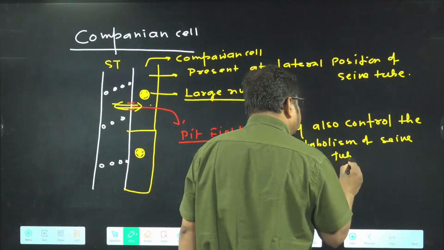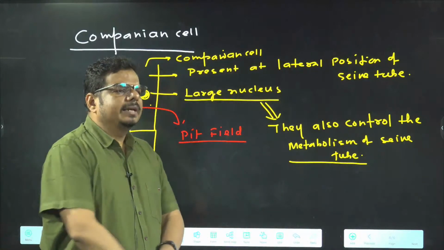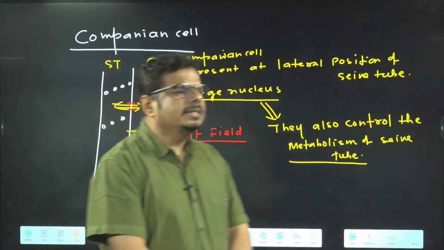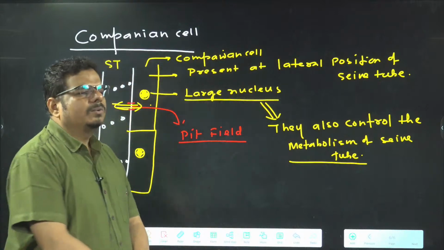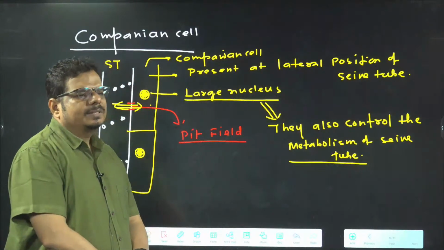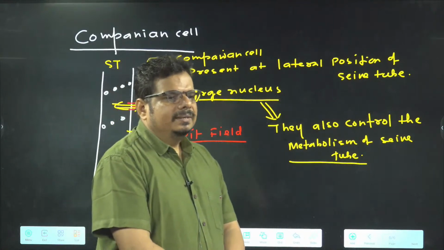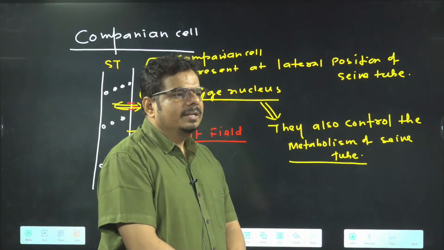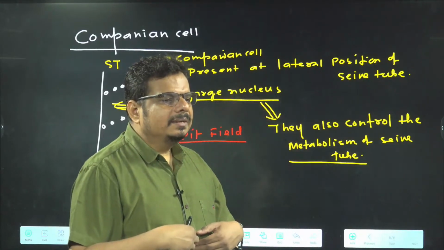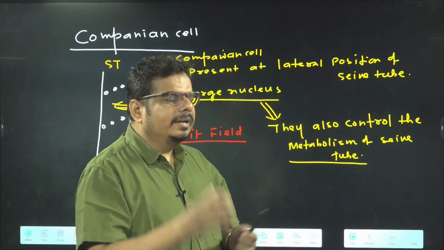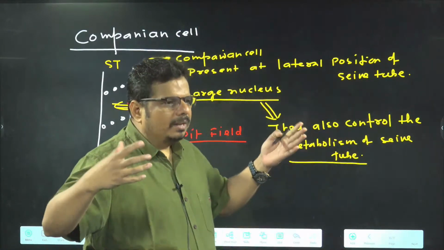Many times the paper setter asks a question: in the sieve tube the nucleus is not there, then how is it living, how is it surviving? So their sister cells are there, helping them to regulate their metabolism. And that is which cell? Companion cell. So the companion cell is doing a double duty. One duty is controlling its own metabolism. Another duty is controlling the sister cell's metabolism. So they are doing double work.